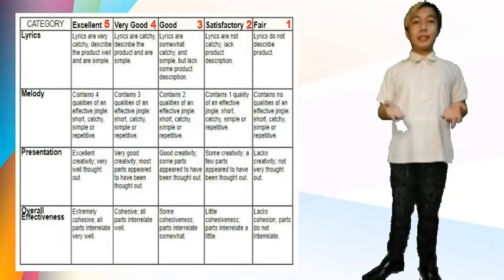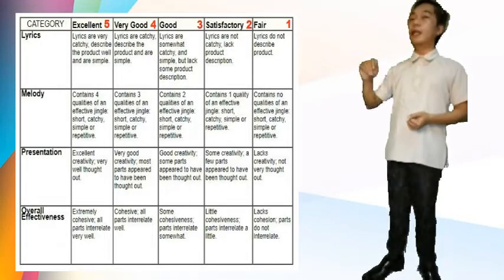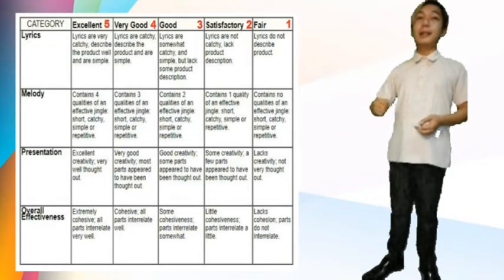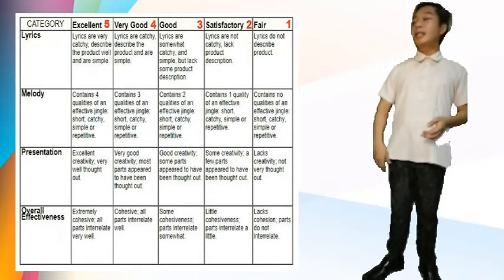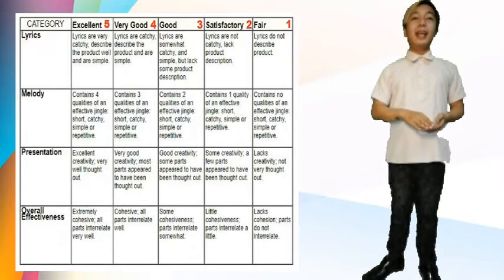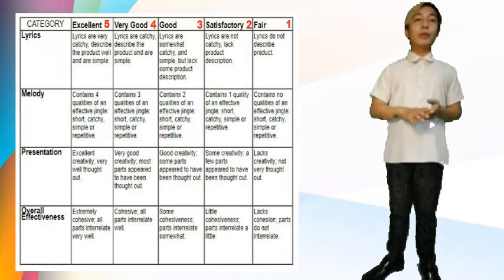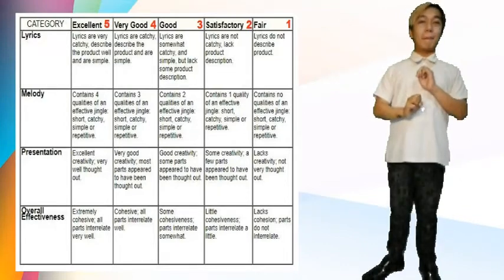The rubrics for the jingle making are, number one, the lyrics, then followed by the melody of the song, then the overall presentation, with a total of 20 points.